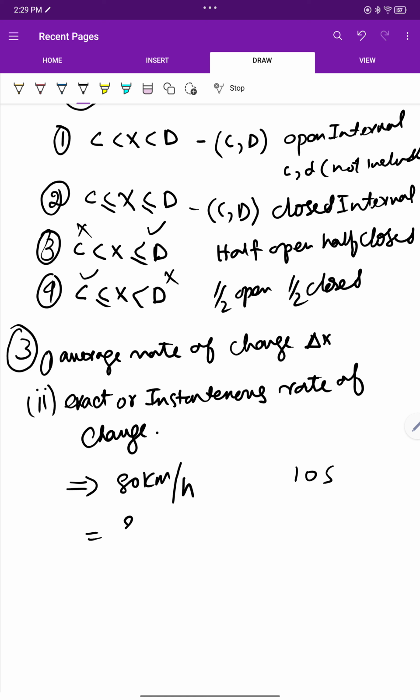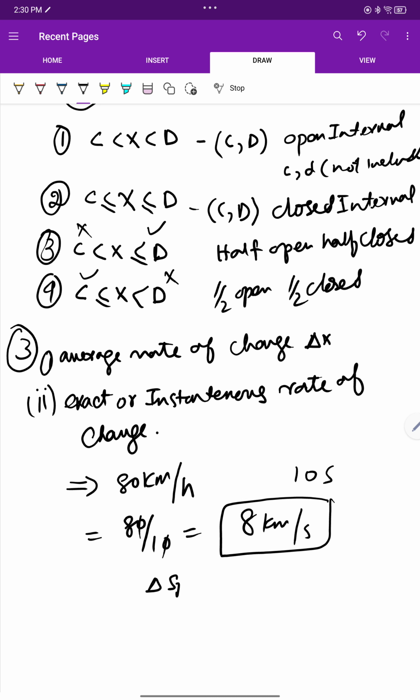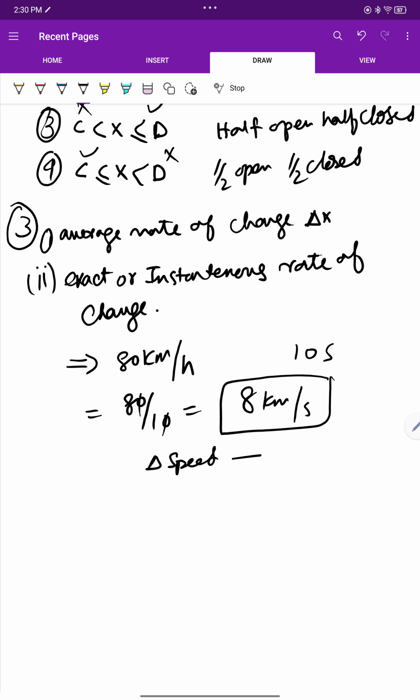So you want to divide 80 divided by 10. So 8 kilometer per second. So this is the average speed.